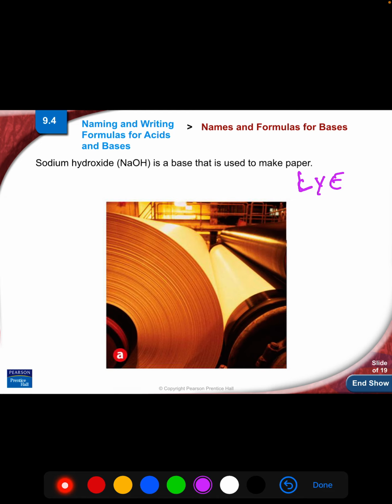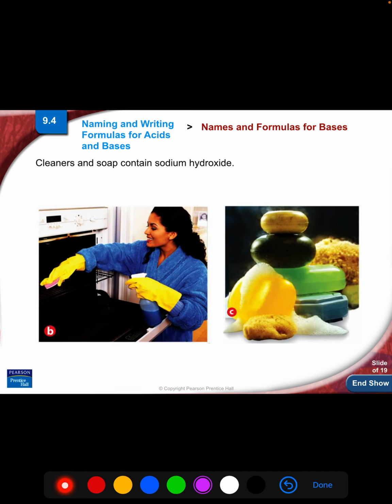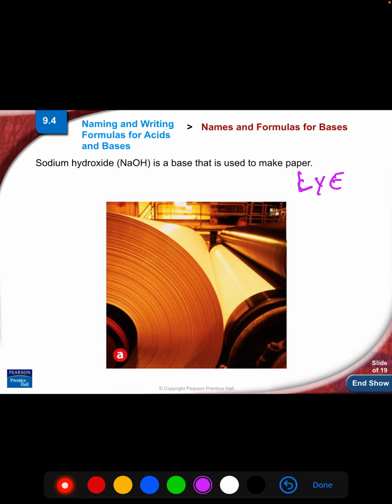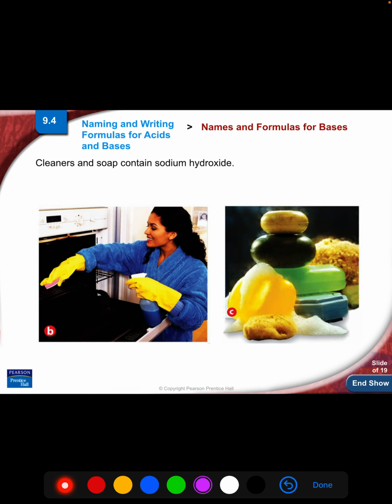You should have done a lab in your younger days in elementary school or junior high where you actually make your own soap. You start with lipids, fats, and you add some weak sodium hydroxide, and it will saponify those lipids to make soap.